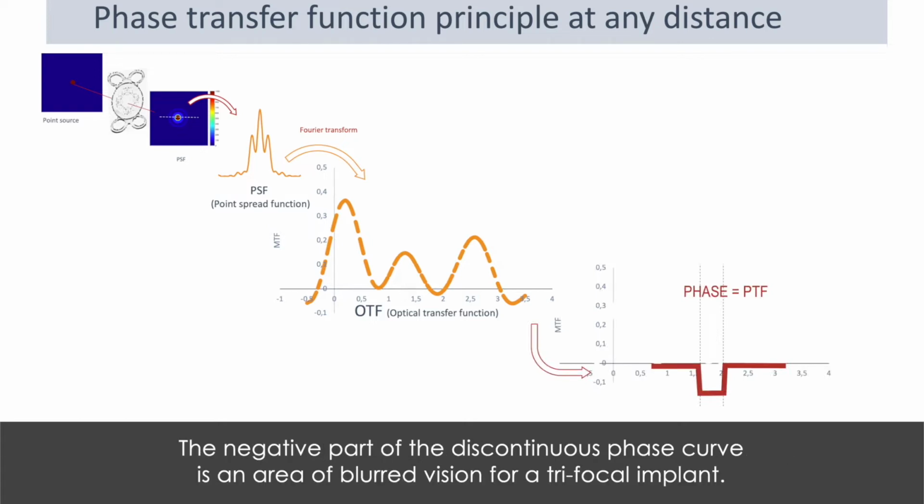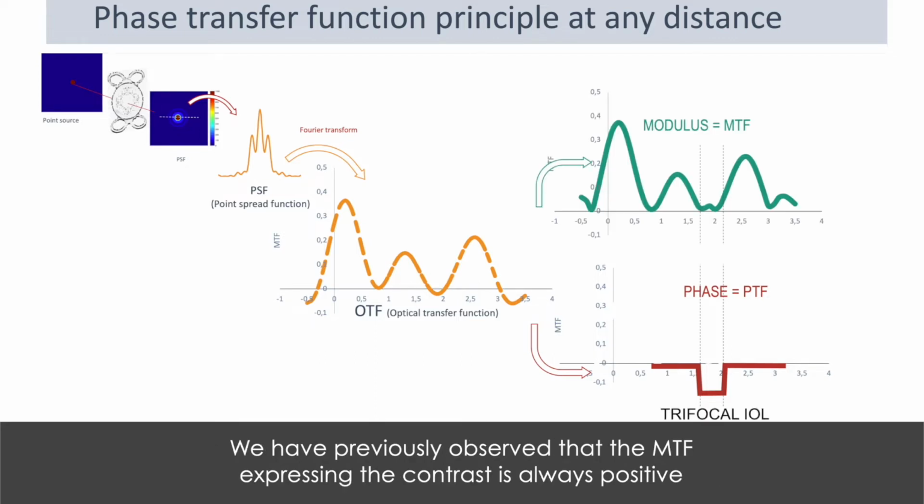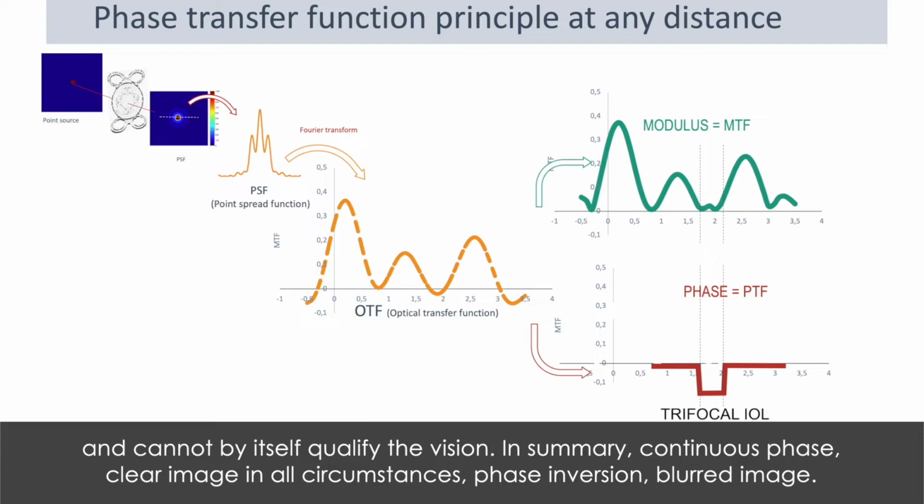The negative part of the discontinuous phase curve is an area of blurred vision for a trifocal implant. We have previously observed that the MTF expressing the contrast is always positive and cannot by itself qualify the vision. In summary, continuous phase: clear image in all circumstances; phase inversion: blurred image.